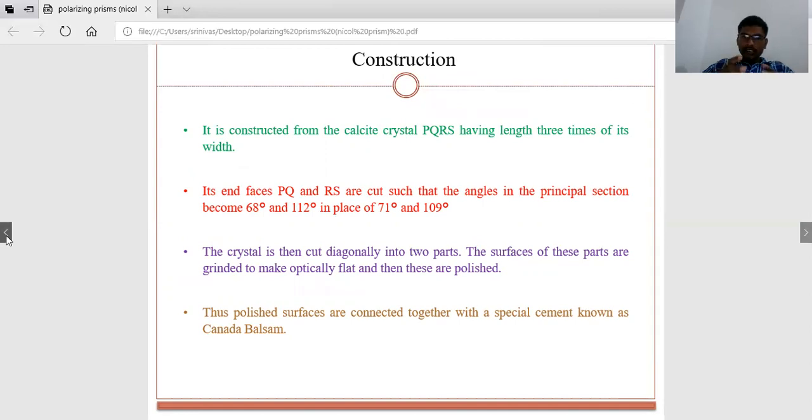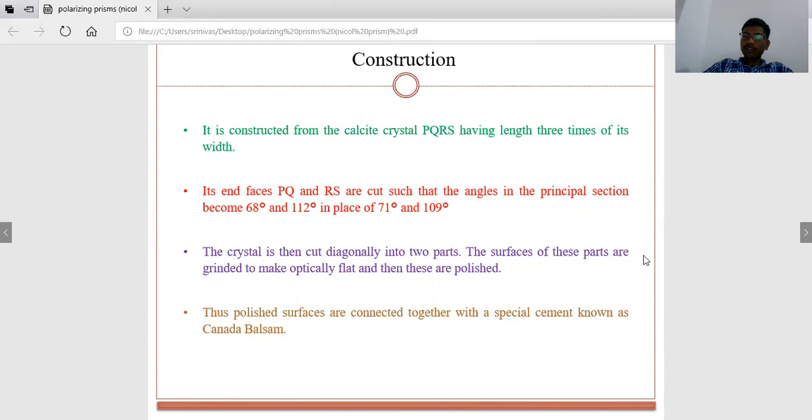The crystal PQRS has a length 3 times its width, and its end faces PQ and RS are cut such that the angles in the principal section become 68 degrees and 112 degrees in place of 71 and 109 degrees. The crystal is then cut diagonally into two parts.